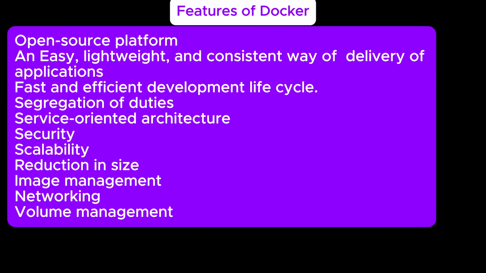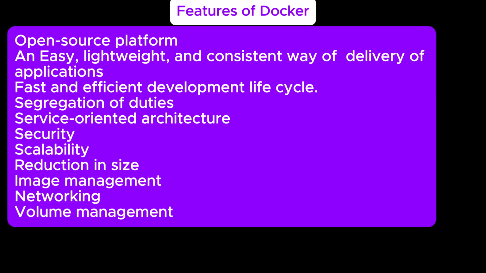Okay guys, let's discuss some features of Docker, one of the important ones being that it is an open source platform. Open source is a very good feature where you can integrate and go with different technologies and tools. So it is a very good benefit. Another is an easy, lightweight, and consistent way of delivering applications.